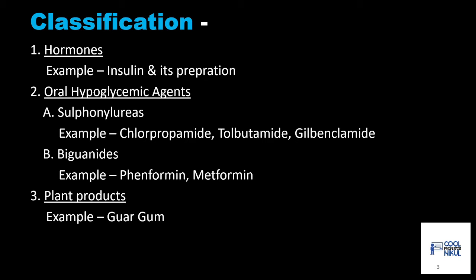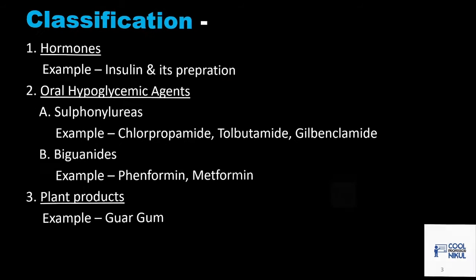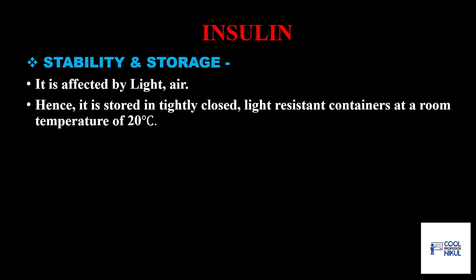Now let's discuss the first one, that is insulin. Insulin and its preparations, the stability and storage: it is affected by light and air, so it is stored in tightly closed light resistant containers at a room temperature of 20°C.